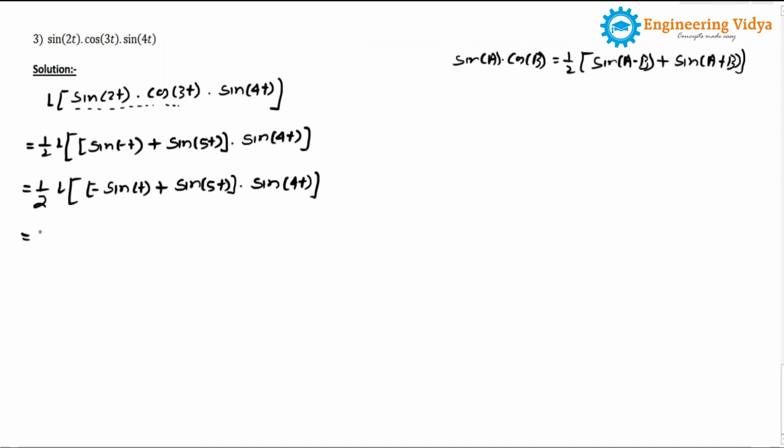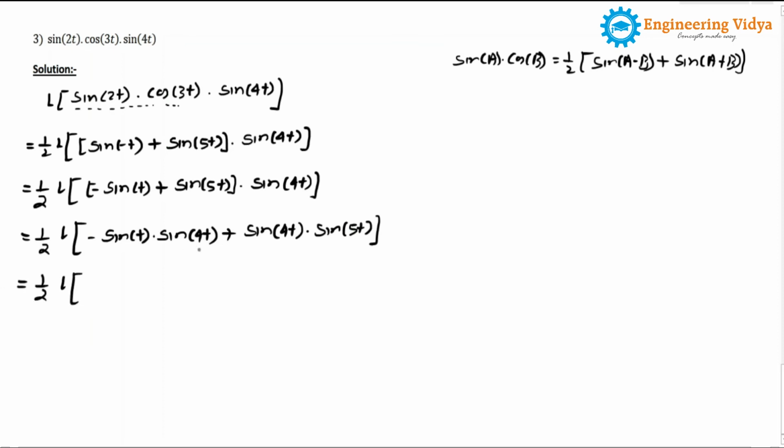Now we'll open the bracket, and after opening the bracket we'll write sin t multiplied by sin 4t, so minus sin t into sin 4t plus sin 4t into sin 5t will come. Now here we can write 1 by 2 Laplace transform of sin 4t into sin 5t minus sin t into sin 4t will come.